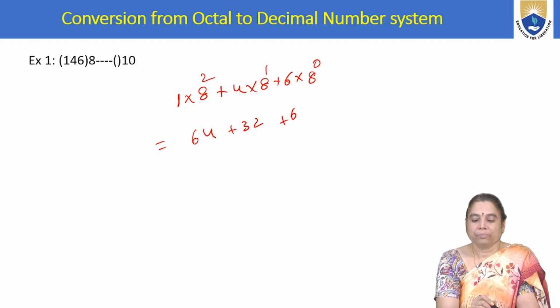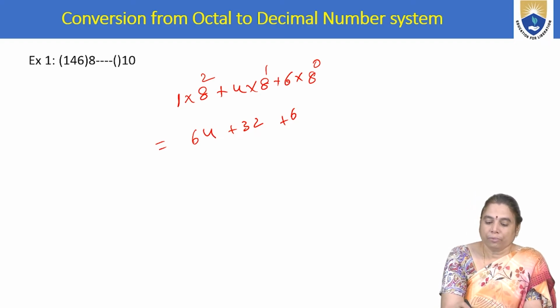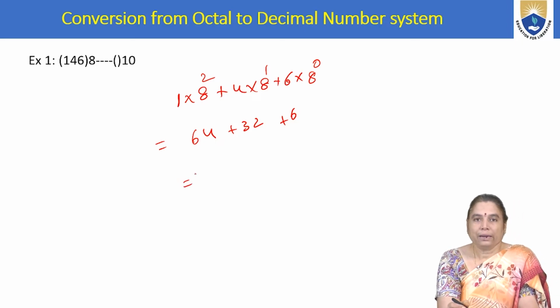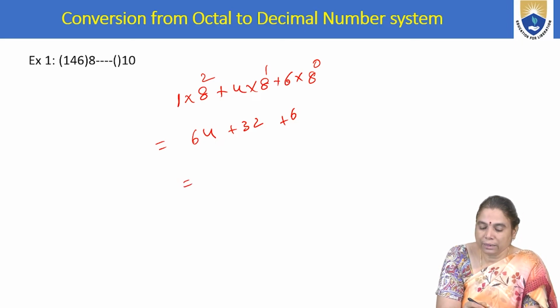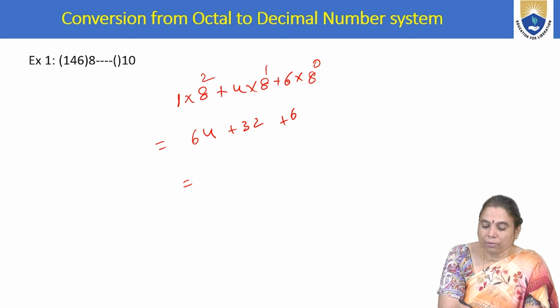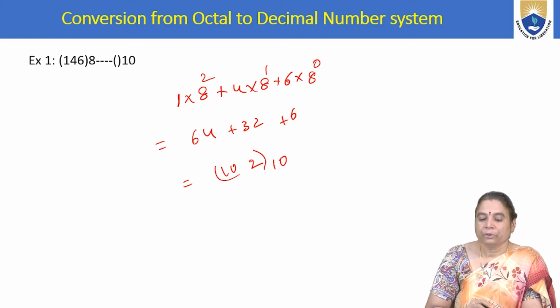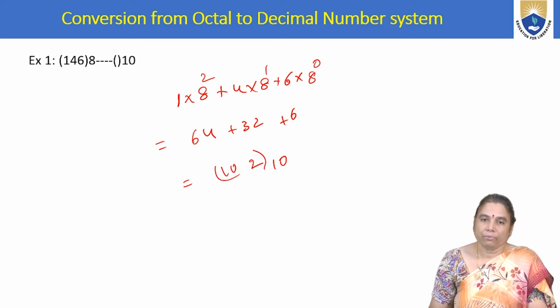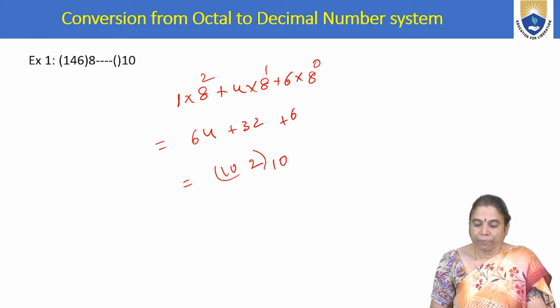And these terms can be added in order to get the decimal equivalent of the octal number 146. So we have to add these numbers, and it is 102. So this is the decimal equivalent of the octal number 146.